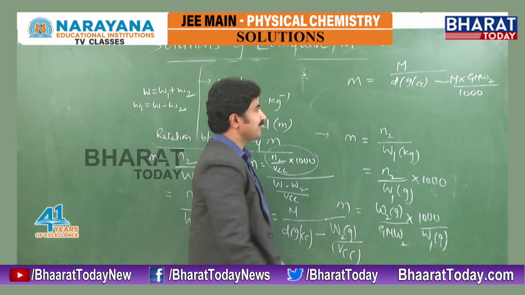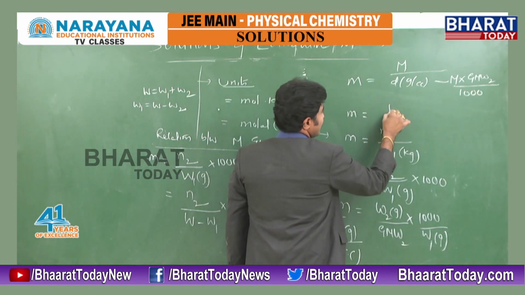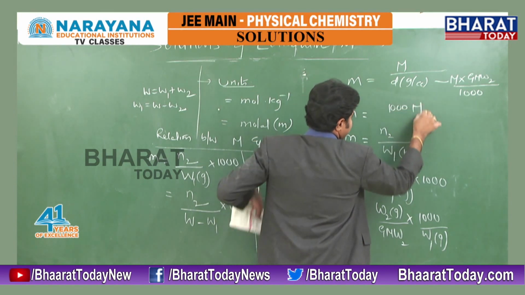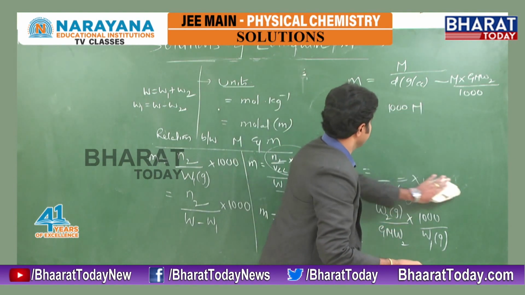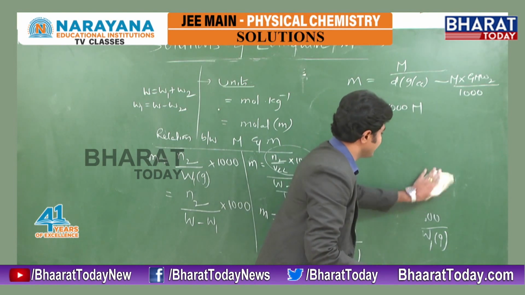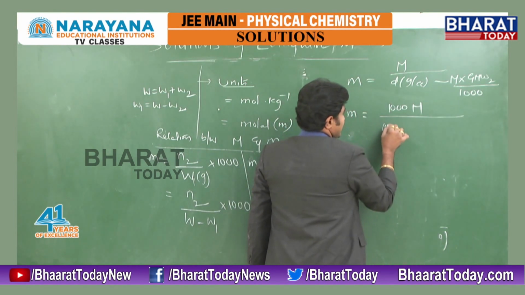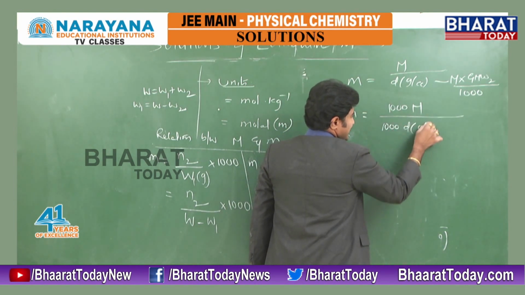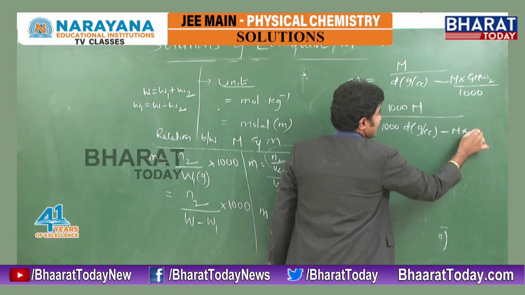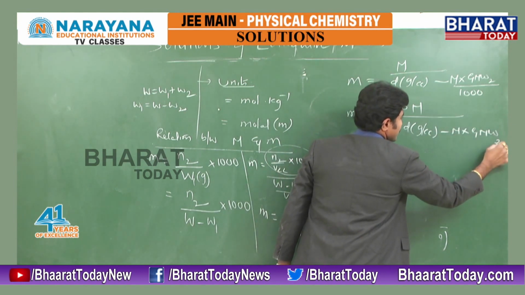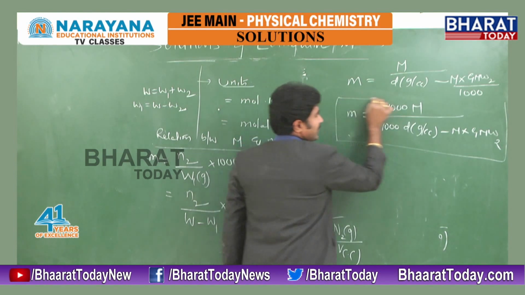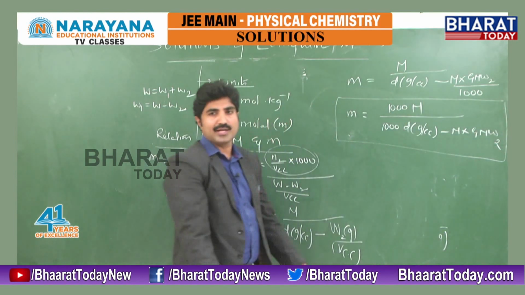After taking LCM, molality is equal to 1000 molarity by 1000 density in gram per cc minus molarity into gram molecular weight of the solute. So this is the relation between molality and molarity.